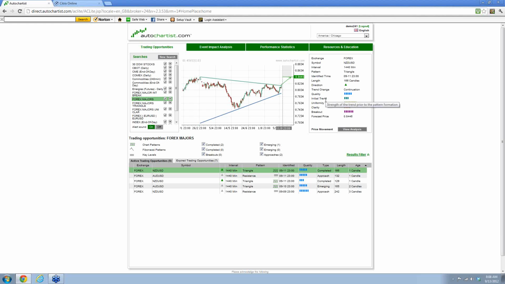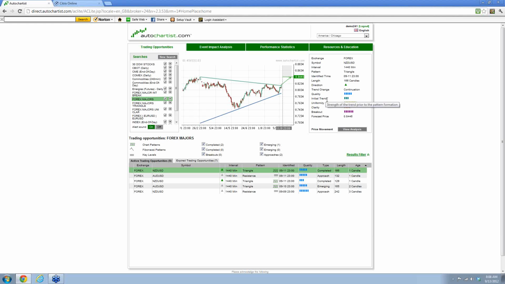Okay, Autochartist is going to rate this price. We also have a breakout here. Okay, if you notice that the initial trend and the breakout are the two indicators that occur outside of the chart pattern. So I like to pair those two together. Now your uniformity indicator looks for turning points and also equidistant tops and bottoms.